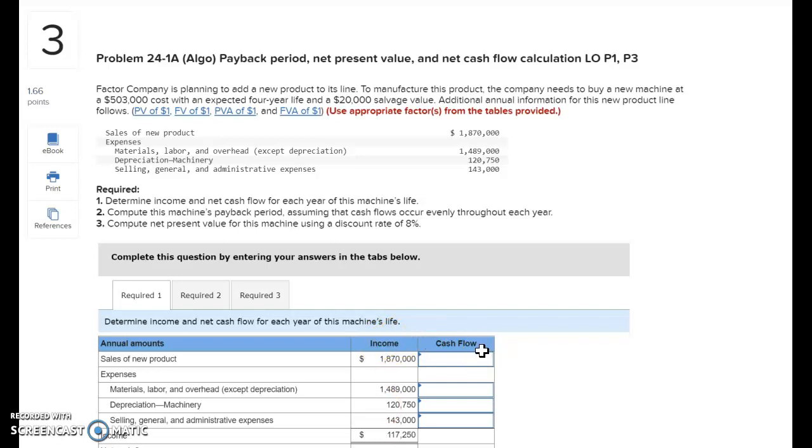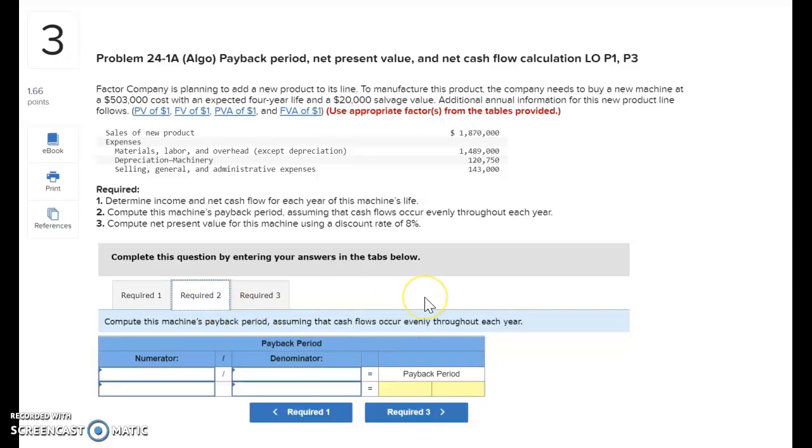The difference being that there's no depreciation. Depreciation is non-cash, so we will not have depreciation, but you'll have the sales. That's a cash inflow, cash outflows for materials, and your expenses. That's how you'll get to your cash flow. And then you'll use that for requirement 2 when you do the payback period.